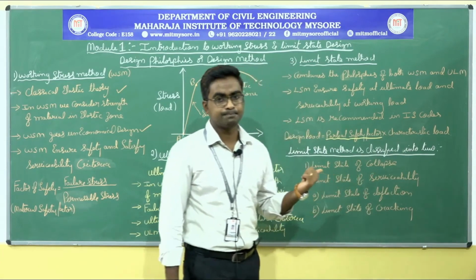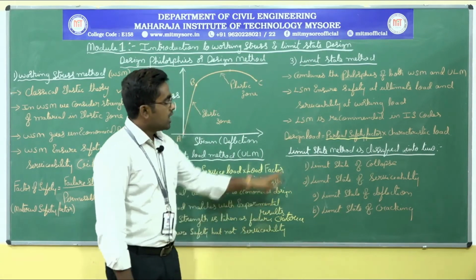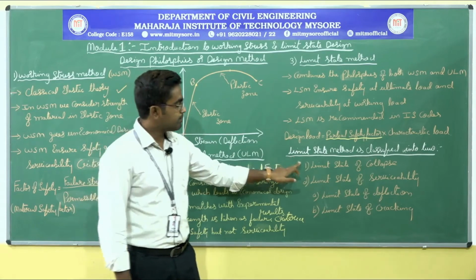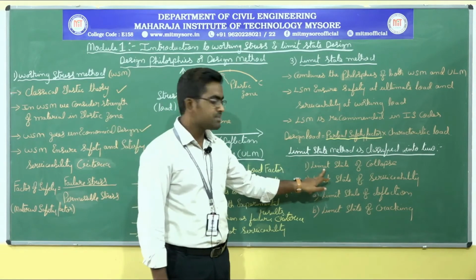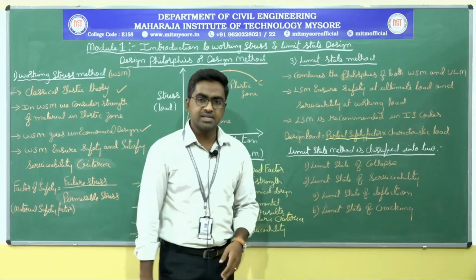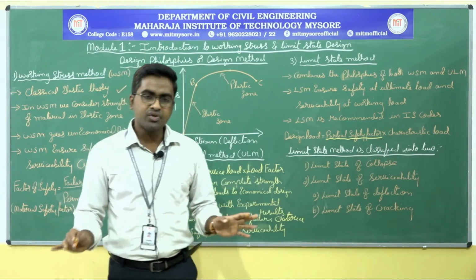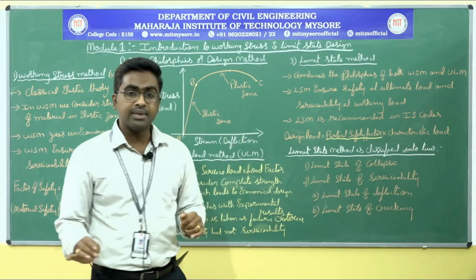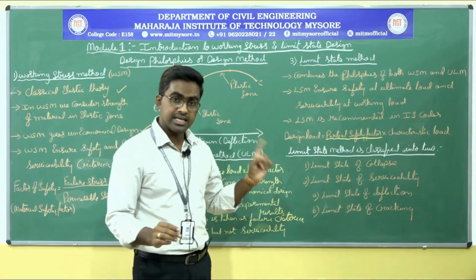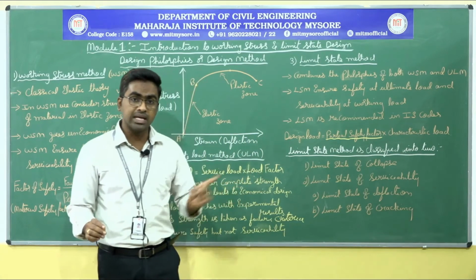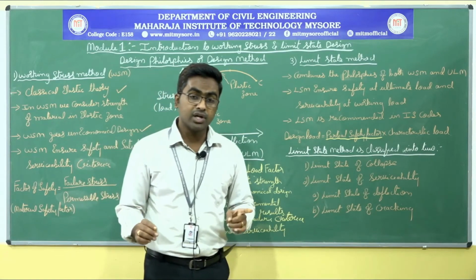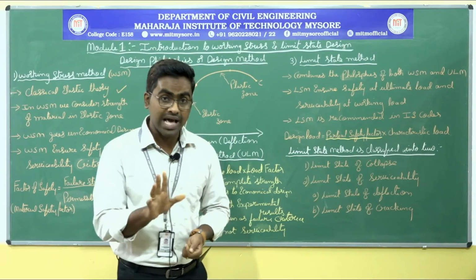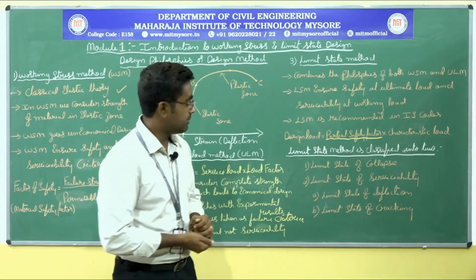Next, the limit state method is further classified into two: limit state of collapse and limit state of serviceability. The purpose of using the limit state method is that if you design any structural component using it, that component will not fail, will not collapse under the ultimate load.